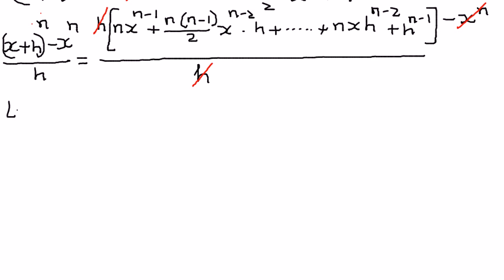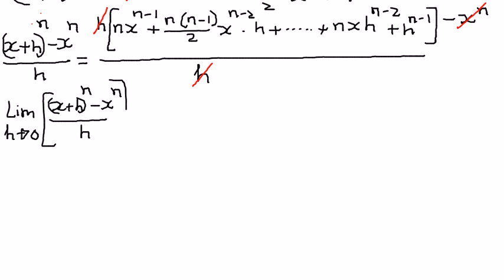Now if we were to say limit as h approaches 0, (x plus h) raised to the power of n minus x to the power of n, the whole thing divided by h, we can write this out as limit as h approaches 0.